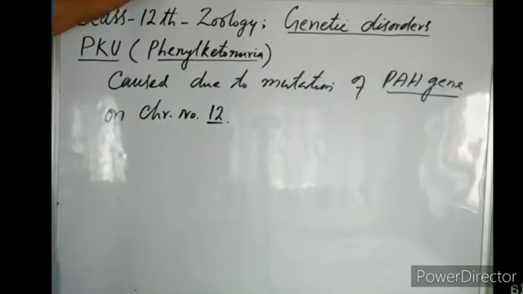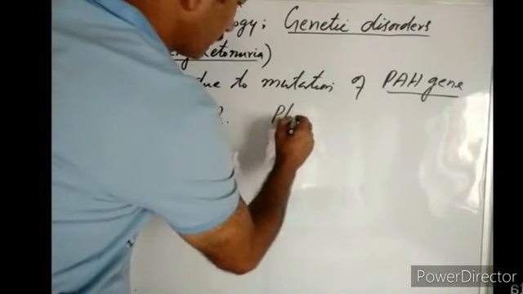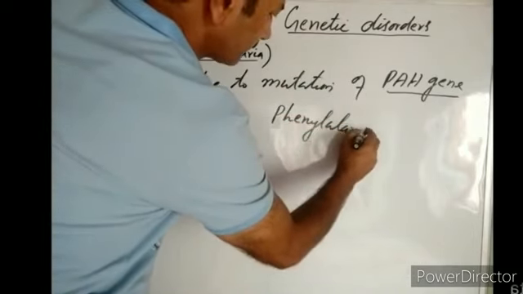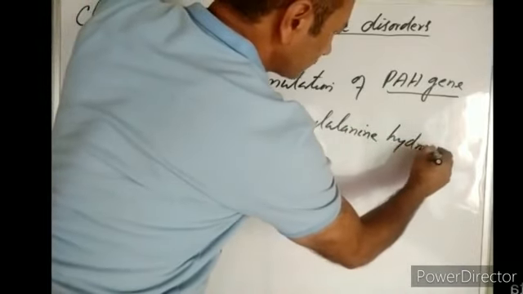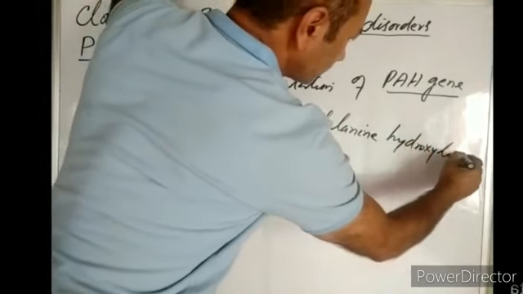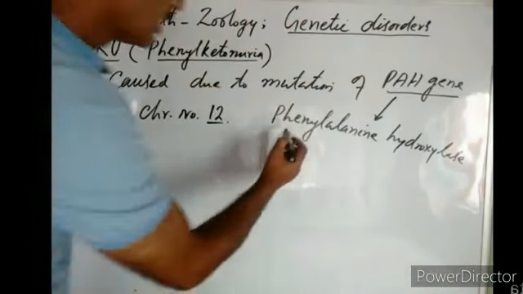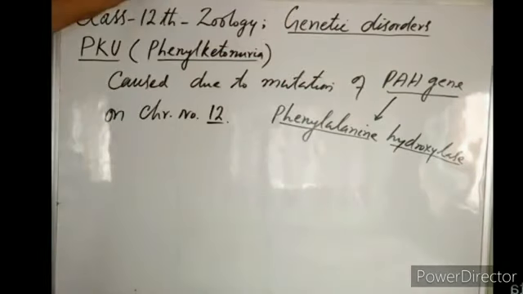The full form of PAH is phenylalanine hydroxylase. This is a gene which codes for the enzyme phenylalanine hydroxylase.